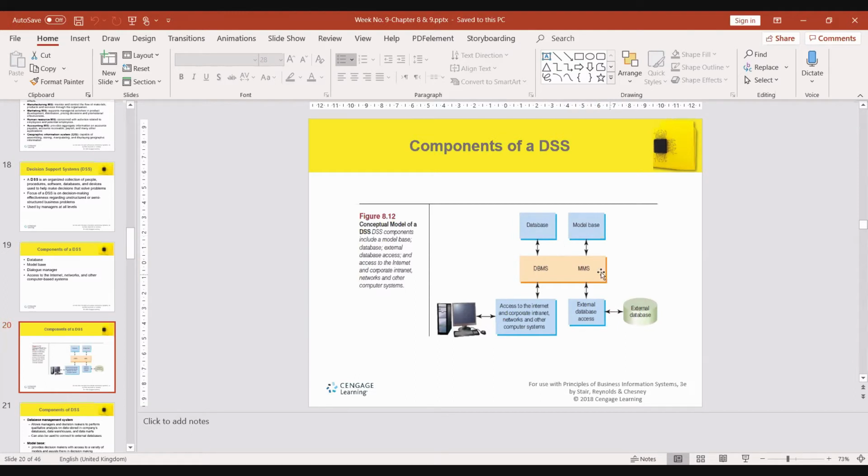Then you have access to the computer, internet, intranet, or you can also interact with external databases and external websites. So this is how the components are integrated in a DSS.